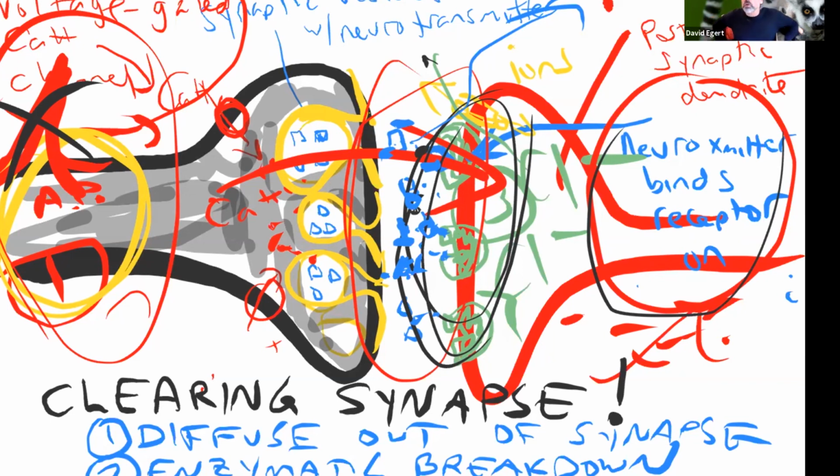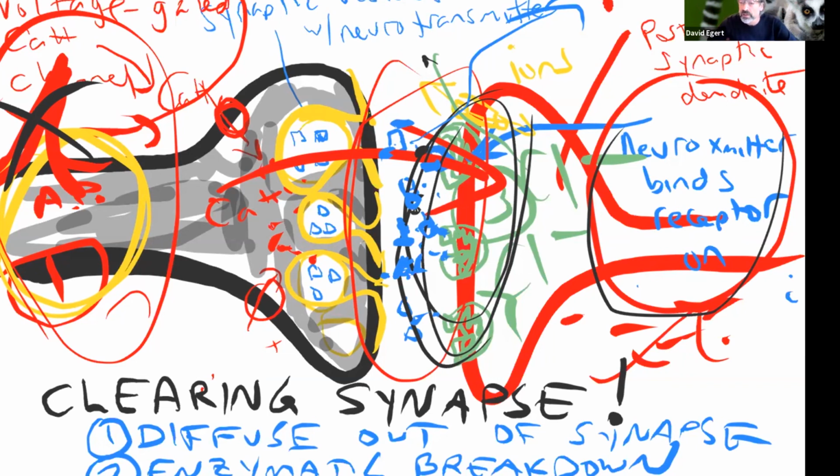Acetylcholine is used in different circuits in your brain involved with attention. By blocking the enzyme that breaks down acetylcholine, you increase the amount that sticks around, and that seems to help these people maintain attention better.